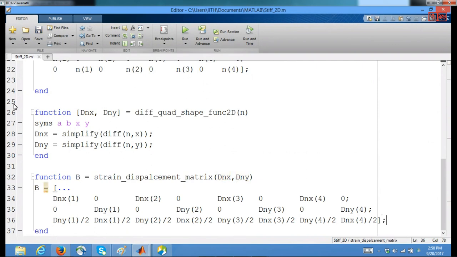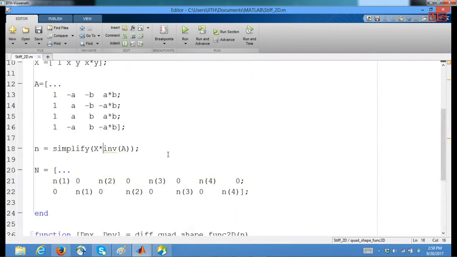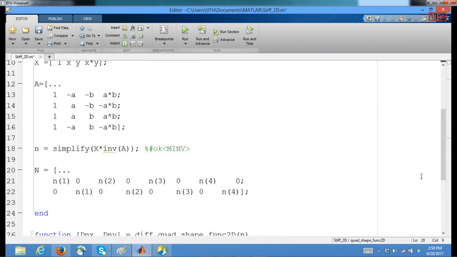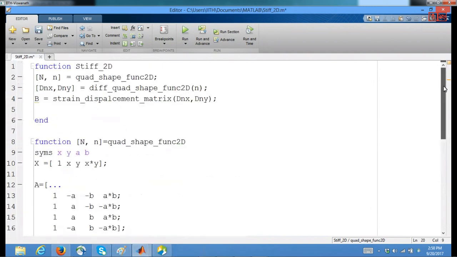Let me just check dnx1, dnx2, dnx3, dnx4, dny1, dny2, dny3, dny4. This is 1 y x y x y x y x. So this is our strain displacement matrix.